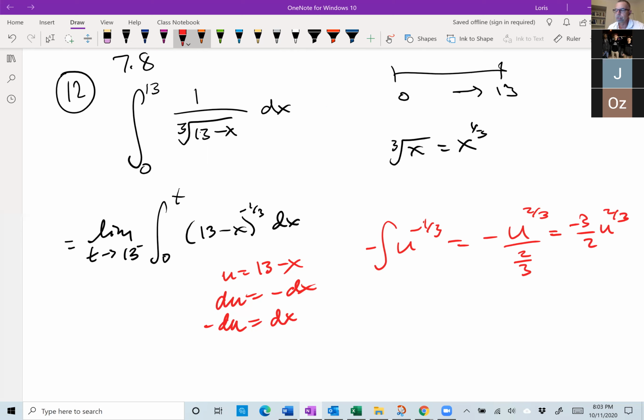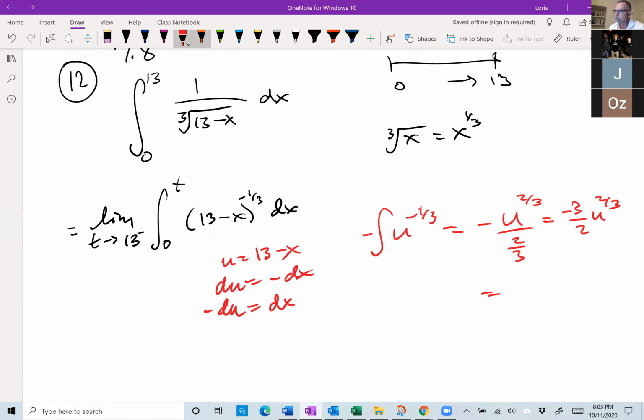Now what I did was that off to the side because I don't want to mess with the letter u. I want to go back to t and x. So this is equal to negative 3/2 times 13 minus x to the 2/3 power. So that is the answer to this.